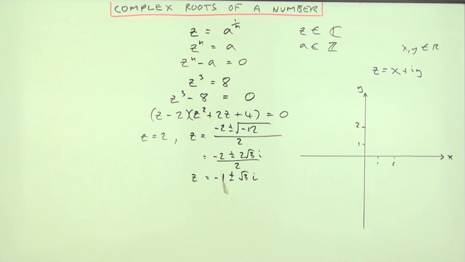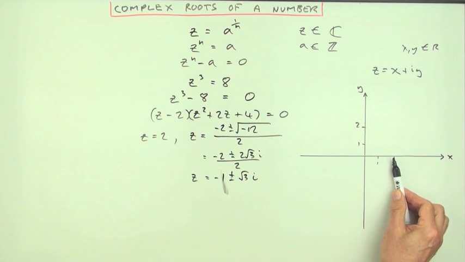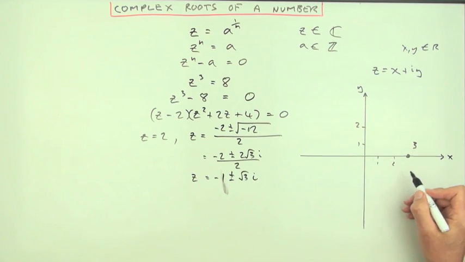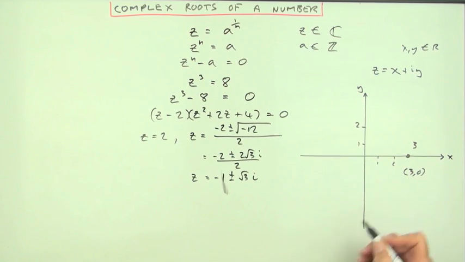Sometimes you get some confusion here between the scale points, which are the values of x and y, and indicating a complex number. So if I was to indicate the complex number 3, it would go there, and the scale point would be a 3, because strictly speaking, the coordinates of 3 are 3, 0.